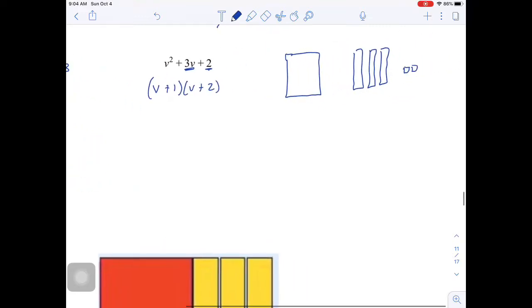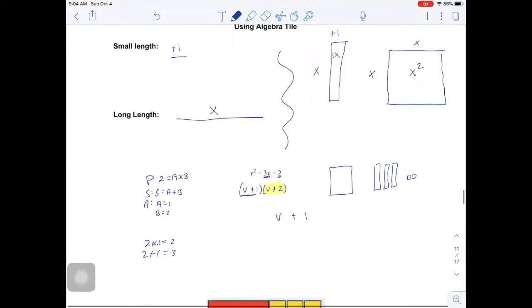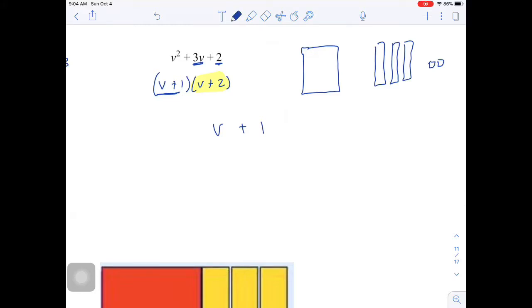Okay, so here, something that we can recognize is we can represent this as one of the side lengths, and this as the other side length. So here, I'm going to do v plus 1. Now remember, these lengths tell you how long they are. So here it'll be v length, and then a little 1 there.